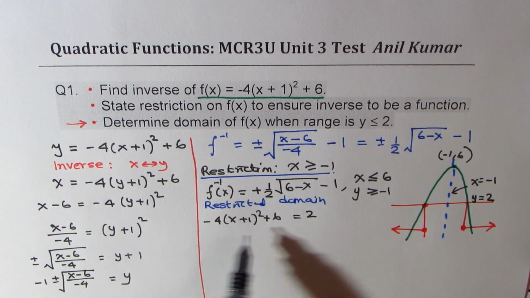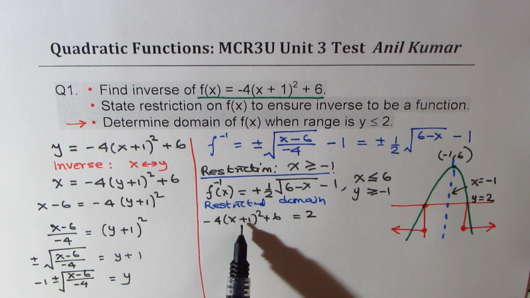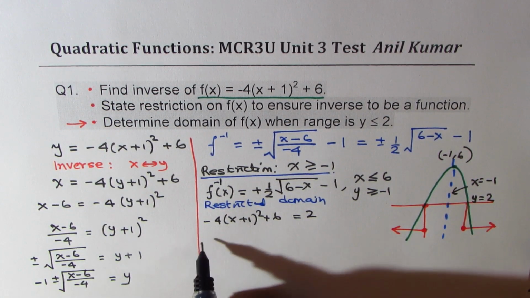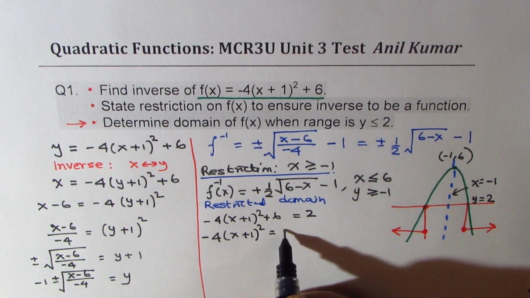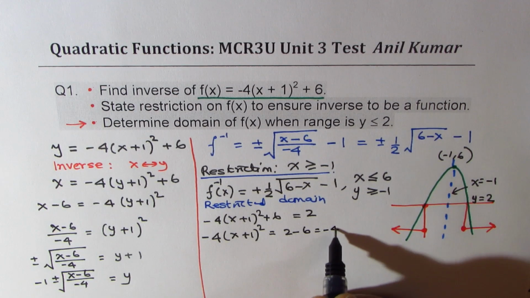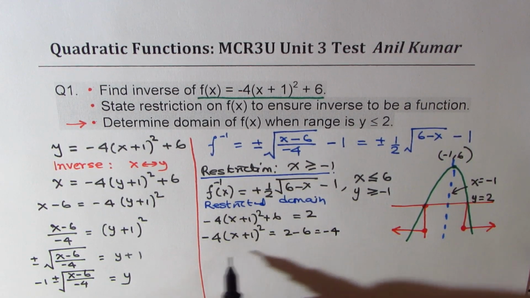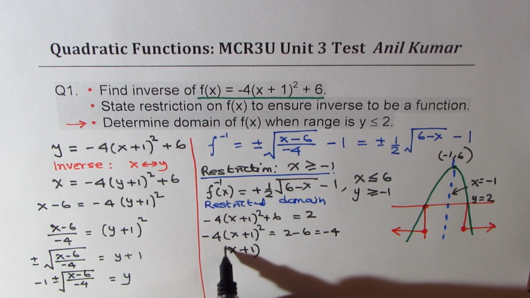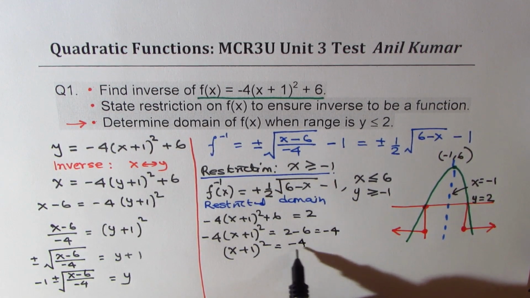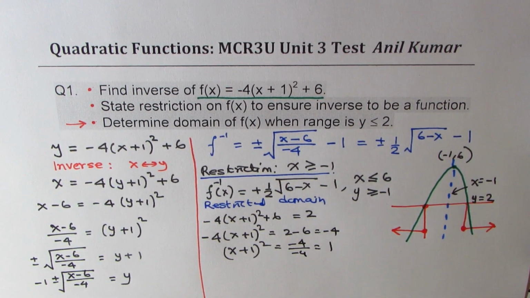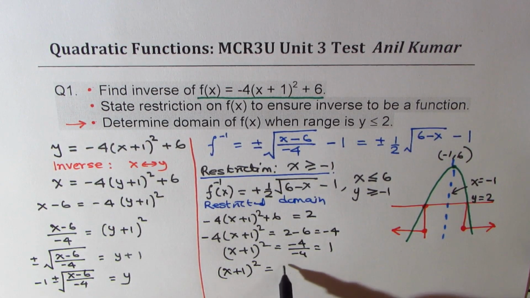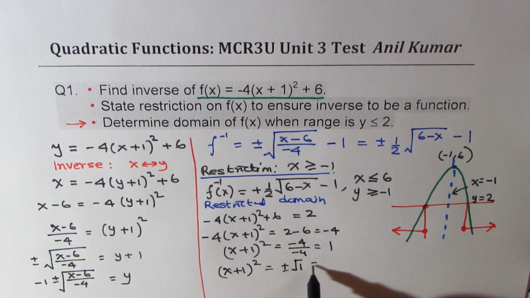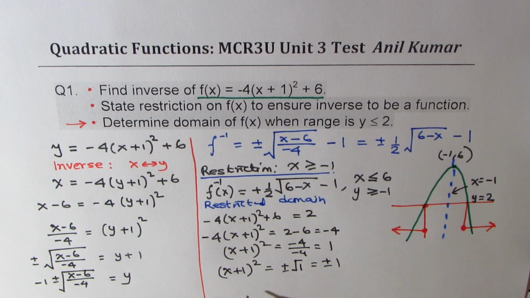Right? So we'll equate it to 2 and then solve for x. So taking 6 to the other side, we get minus 4 times (x plus 1) whole squared equals 2 minus 6, which is minus 4. And these two minus 4s can cancel. You could write it like this also: equals minus 4 divided by minus 4, which is 1. So we could have (x plus 1) whole squared equals 1, so x plus 1 equals plus or minus square root of 1, which is plus or minus 1.